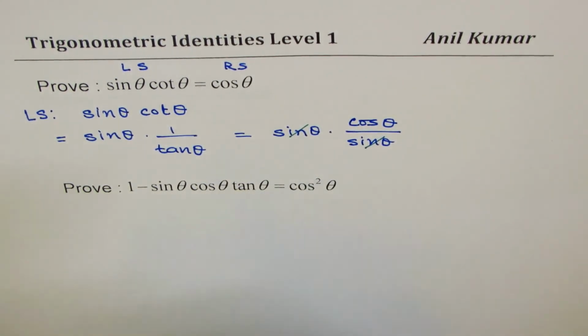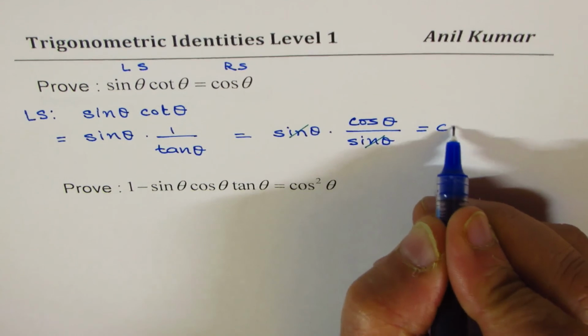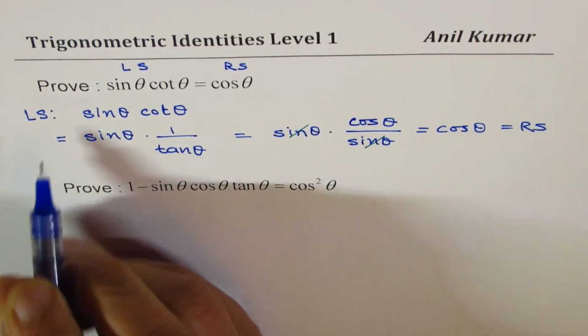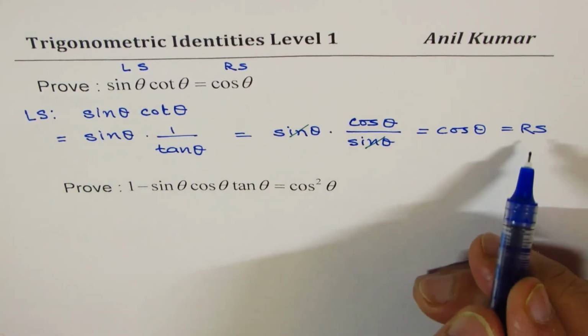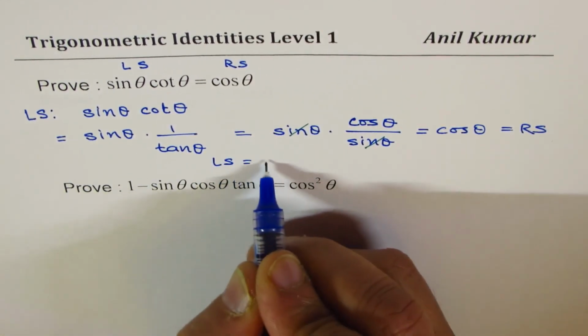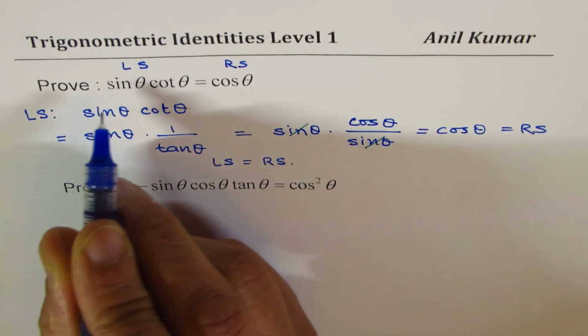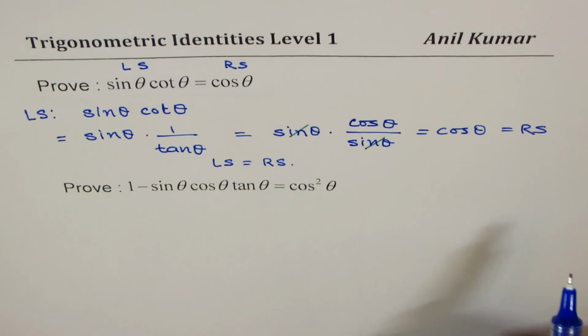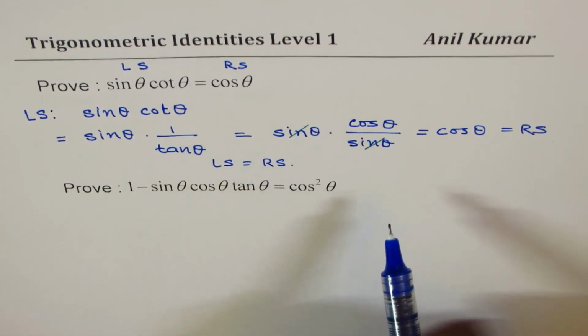So what you get here is cos theta, and that is the right side. So that is how we start with the left side and prove that it is equal to the right side. And then we say since left side equals right side, we have proved this identity. So these are simple steps to take to prove this identity or such identities, right?